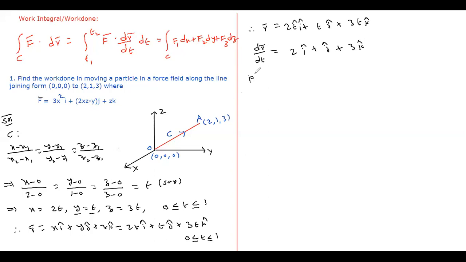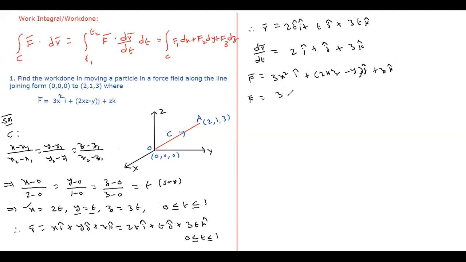Now what is f bar? F bar is 3x square i bar plus 2xz j bar minus y j bar plus z k bar. Now I can replace x with 2t.